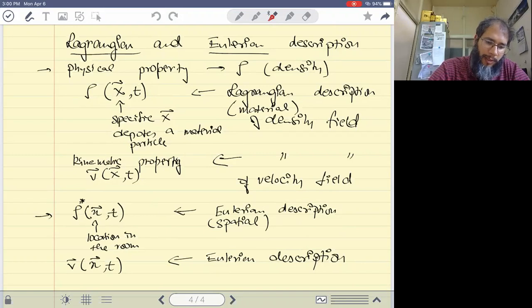All right, so as a summary, I have to decide which description to use, because depending on the situation, I may choose one over the other. For the Lagrangian description, I tend to choose this one when my focus is on individual particles and what is happening to them at different times.